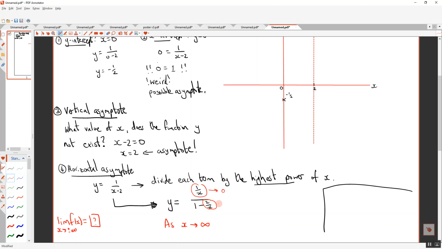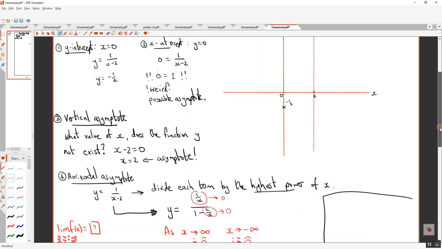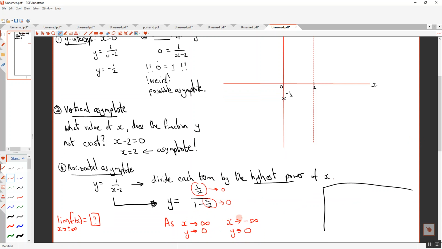What's going to happen to this? That's going to get closer to 0, okay? So I've got a 0 on the top. So this is telling me as x goes towards infinity, y goes towards 0. And the nice thing is, as x goes towards negative infinity, the top line is going to go to 0 as well, because 1 over a massive negative number still goes towards 0. Now, this may not always be the case, which is why you have to check this, okay?